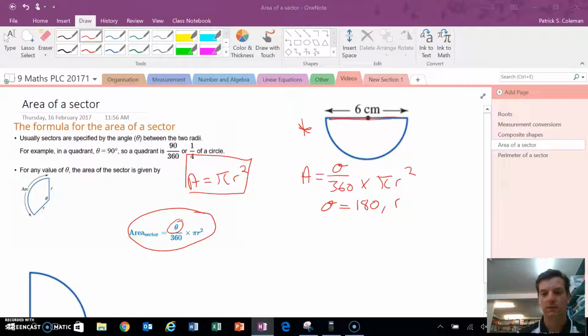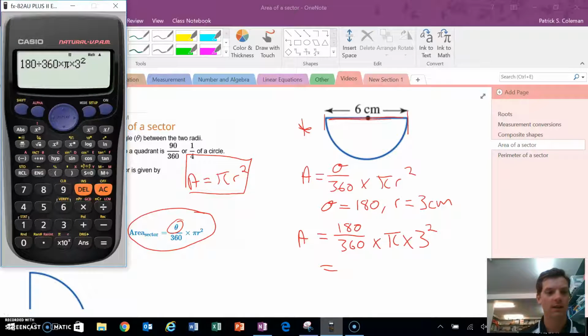And our radius, now we've got to remember here that the measurement from one side to the other is the diameter, so we have to half that. So our radius is actually going to be 3 centimeters. Pretty easy now, we can just substitute our values in. So we substitute the value of theta, 180 over 360, times pi, times r, which is 3 squared.